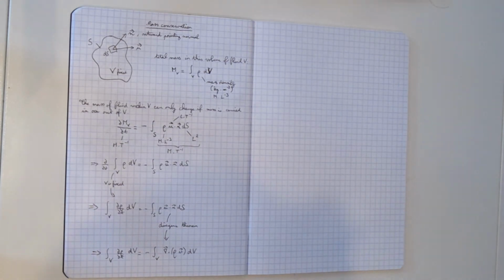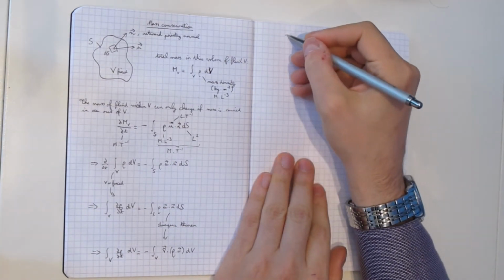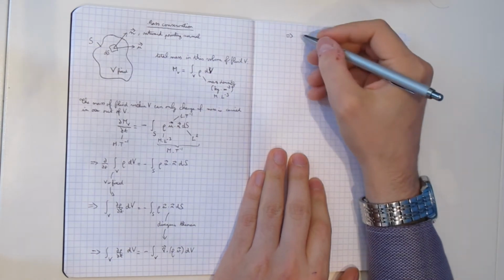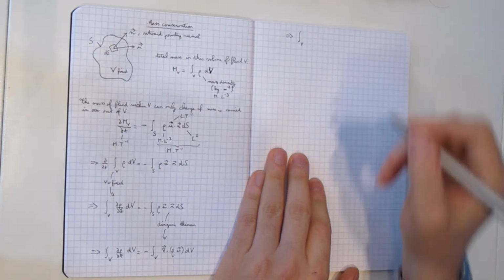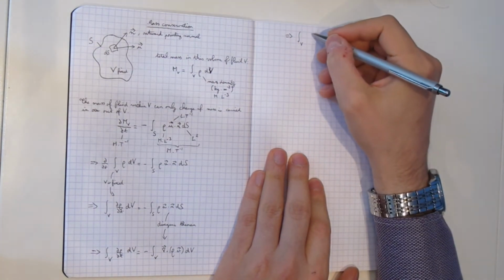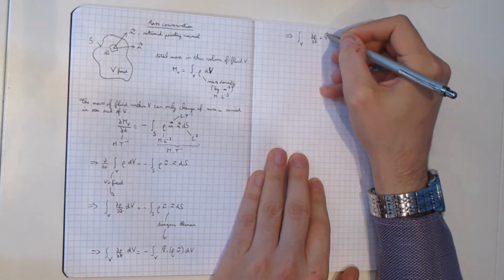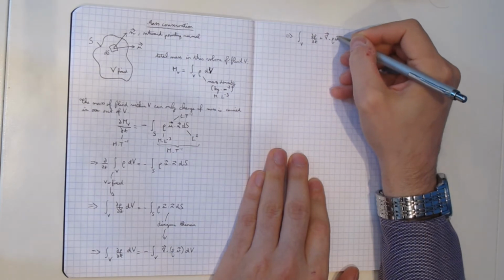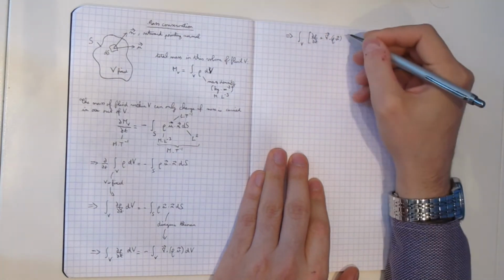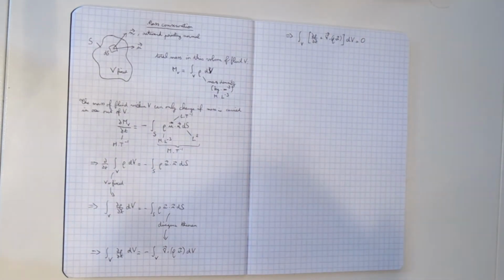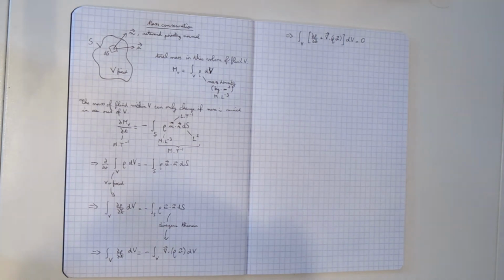So this is the first step of this demonstration, and of course from this we can rewrite this expression by sending everything onto the left hand side and within the integral. So we can say that this is the integral over v of d rho over dt plus the divergence of rho u, and this is to be integrated over the volume, and we can say that this is 0. Okay, so that gives us this nice expression.